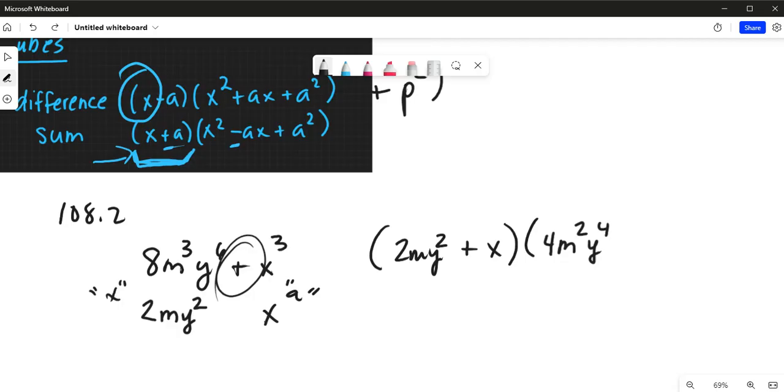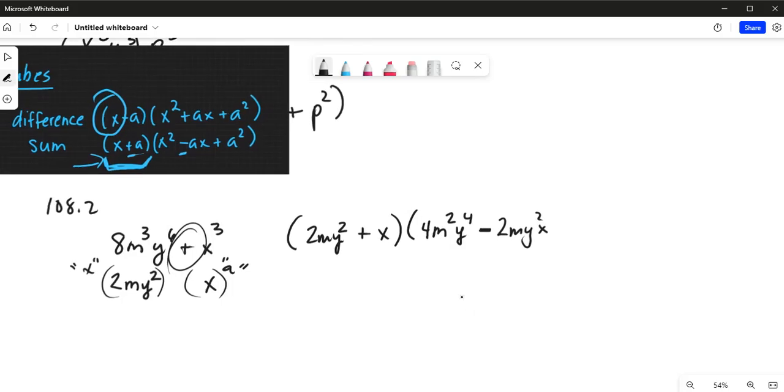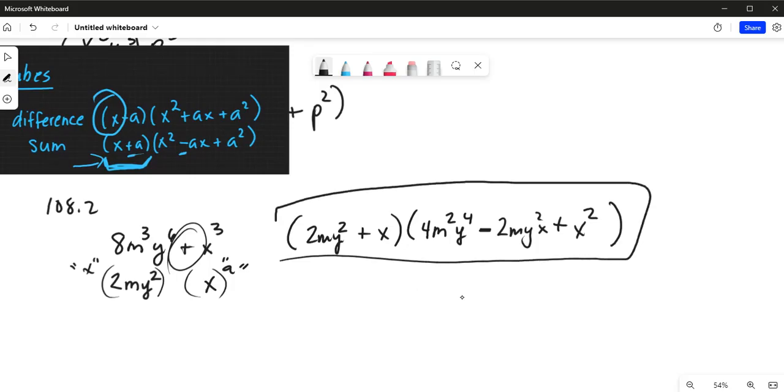Now we're going to have a minus sign, and then we're just multiplying this times this, so this is just going to be 2my squared x. And then the last term is the a term squared. So that's going to be x squared. Okay, does that make sense?